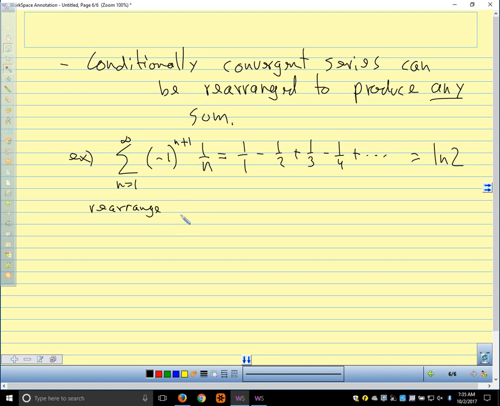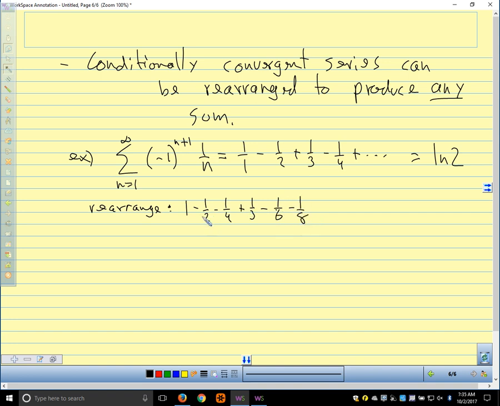So I'm going to put some negative terms and then some positive terms together. I'm going to rearrange to 1 minus 1/2 minus 1/4 plus 1/3 minus 1/6 minus 1/8.